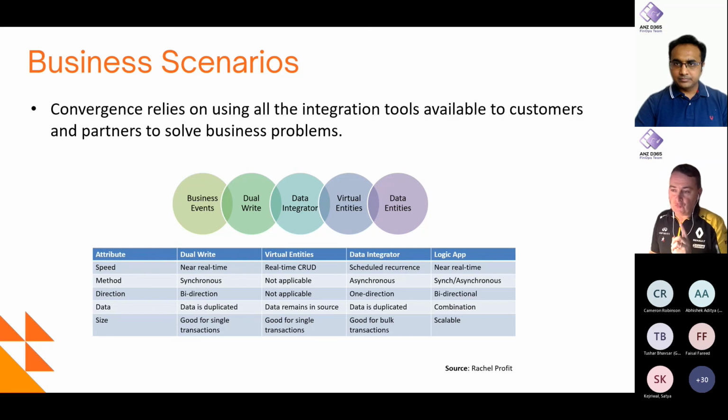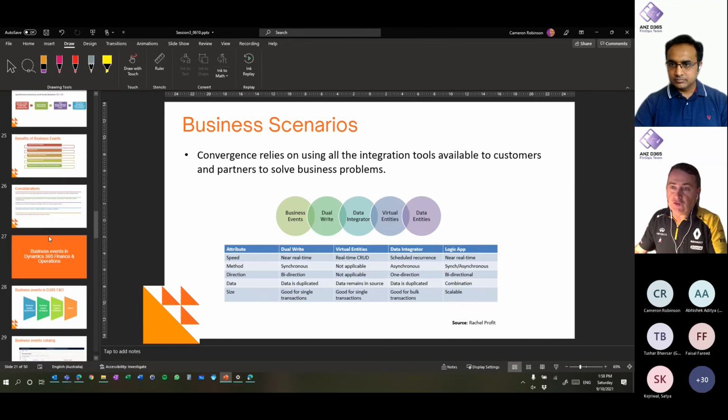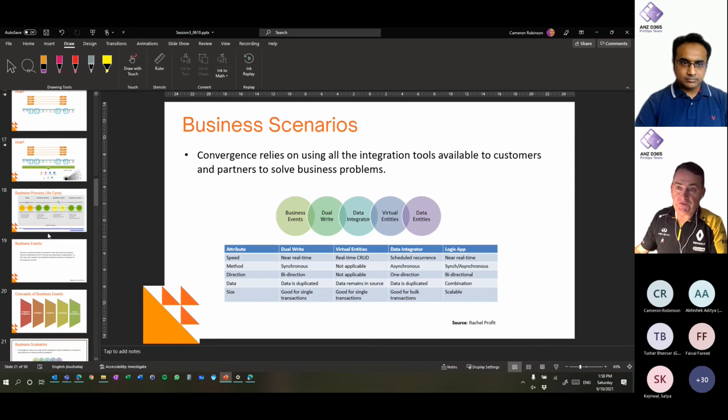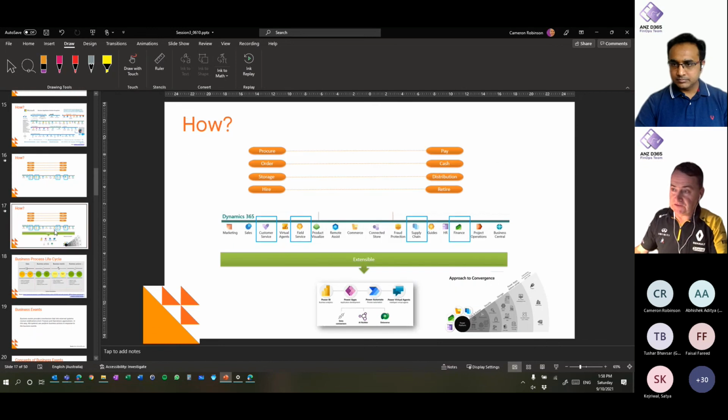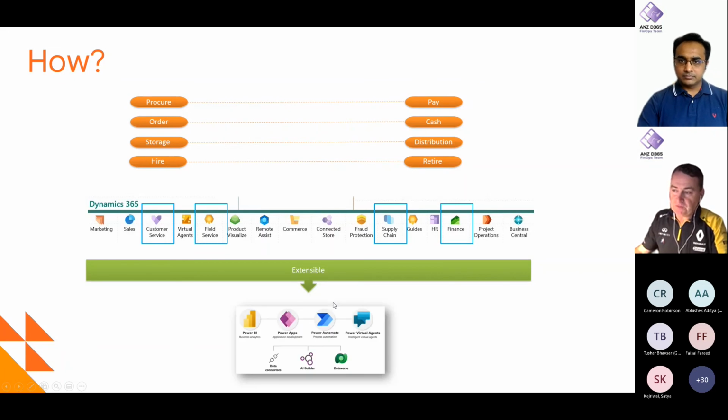Now, the other really important factor here is making sure that you appreciate the end-to-end business process. So I come back to this picture because if you don't understand the end-to-end process you're trying to solve, you are at risk of choosing the wrong option to solve the problem.